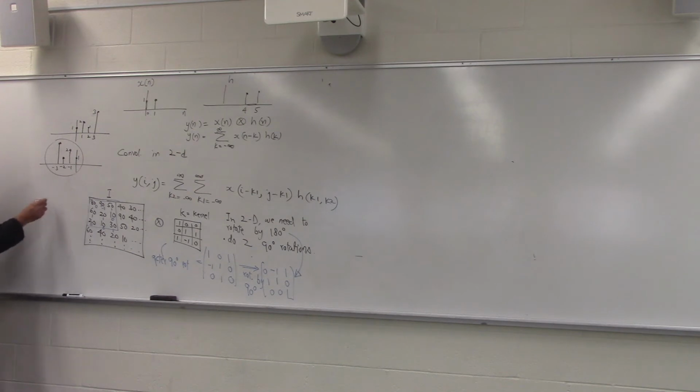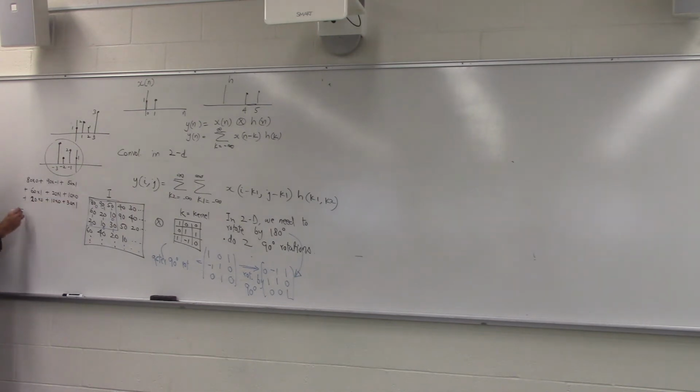Okay, so our answer that it will produce will be, as you can see, 80 times 0 plus 90 times minus 1 plus 50 times 1 plus 60 times 1 plus 20 times 1 plus 10 times 0 plus 20 times 0 plus 10 times 0 plus 30 times 1.